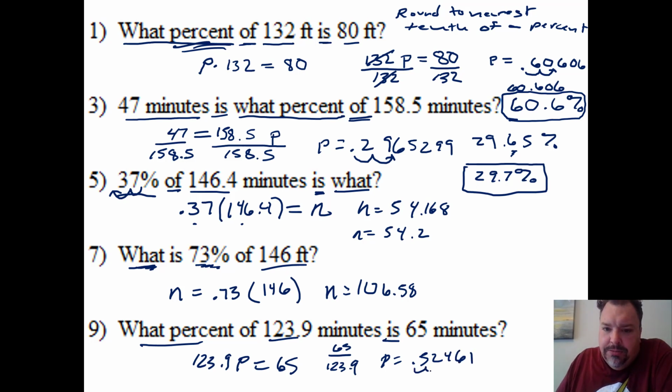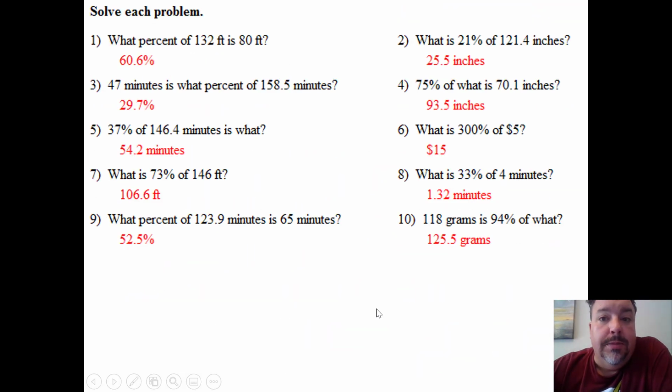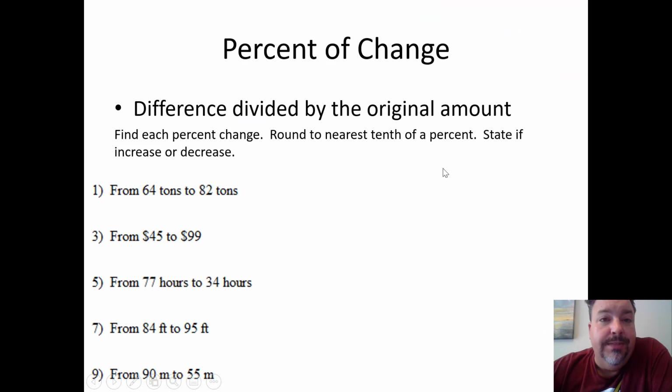And if we turn that into a percent, we're going to move the decimal 2 places over, and we're going to get 52.461. But if we round to the nearest tenth of percent, that's going to be 52.5%. On the PowerPoint, I have some other examples here.